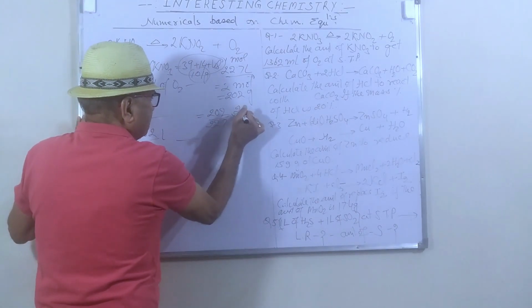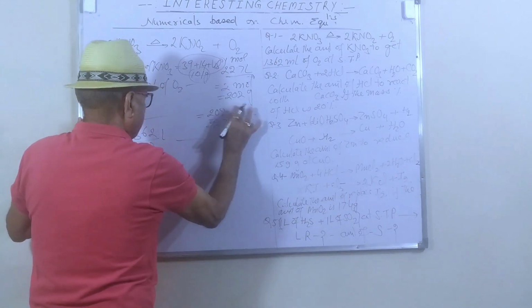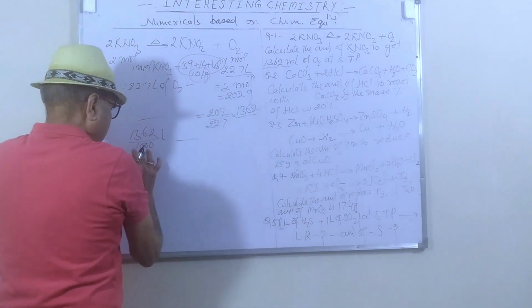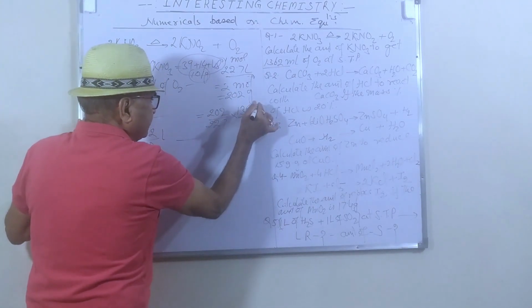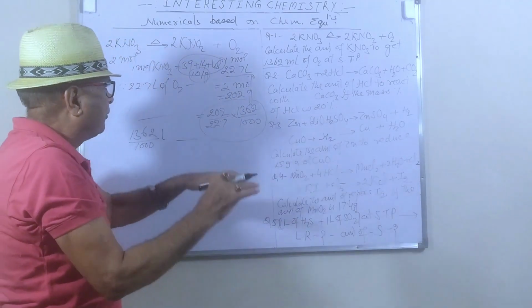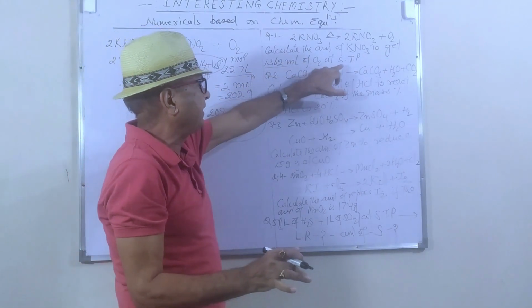So again 202 upon 22.7 into 1362 upon 1000. This is the amount which will produce 1362 milliliter of oxygen at STP.